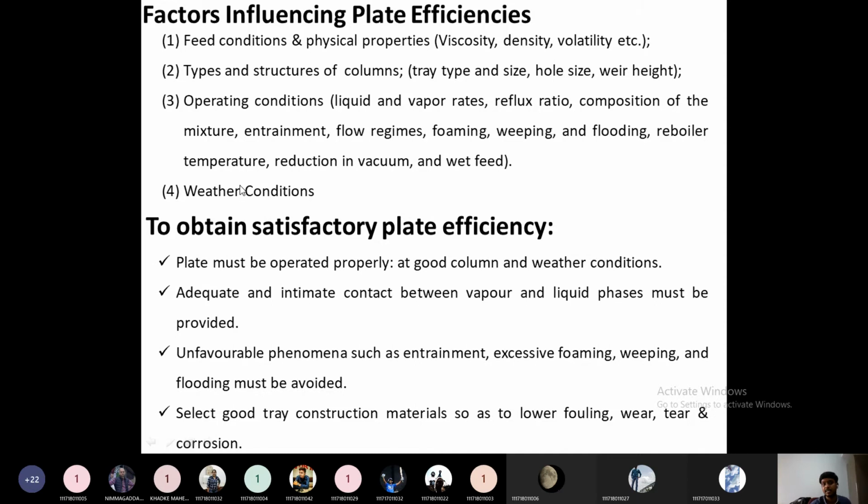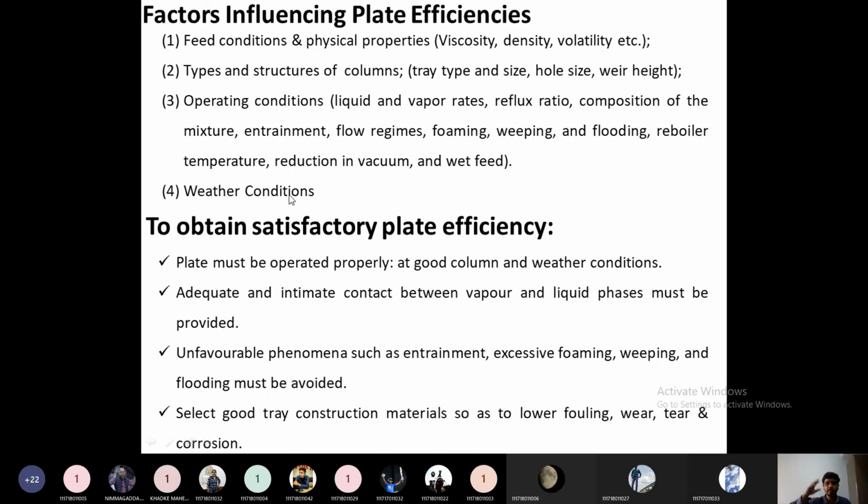Next one is the weather conditions. Here I forgot to discuss this one. How will the weather conditions influence? A large part of the distillation column in the industry is left open to the atmosphere. When the atmospheric condition is winter, what happens? The outside temperature will be very low compared to the inside temperature of the distillation column.